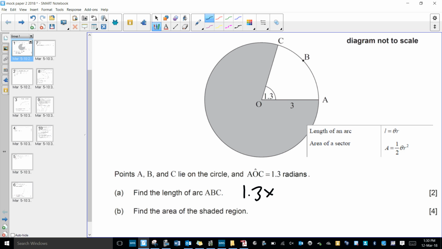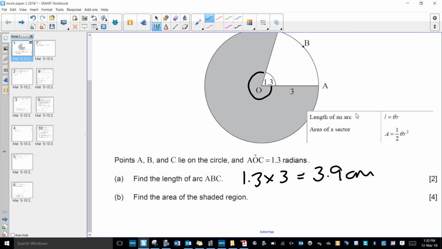Find the area of the shaded region. Well, obviously this part here is the shaded region, so you've got two options here. You can first of all find this angle theta, so that would be 2 pi minus 1.3. You would then multiply that by, using this formula here, 1/2 multiplied by 3 squared, that's the radius squared.